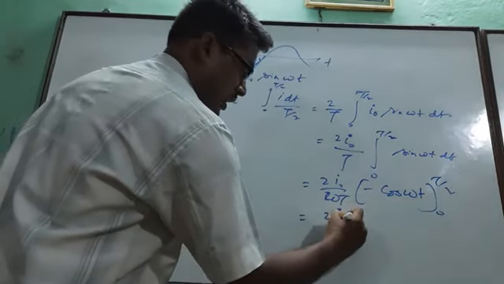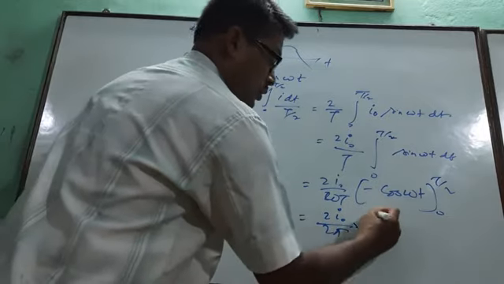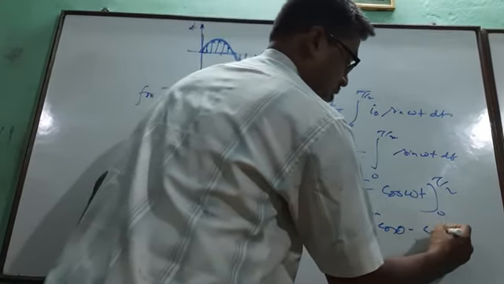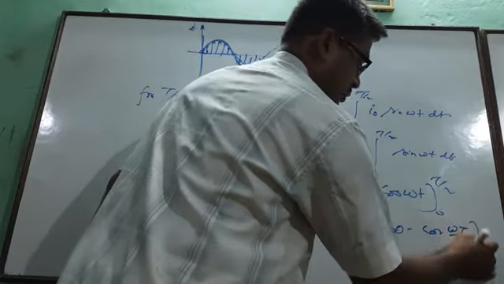So here it is 2 I0 by 2 pi into cos 0 minus cos omega T by 2.